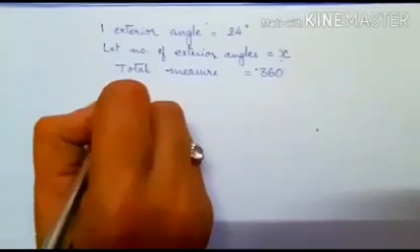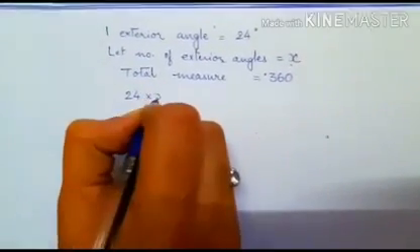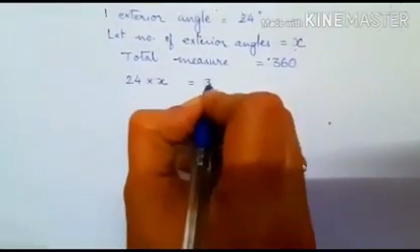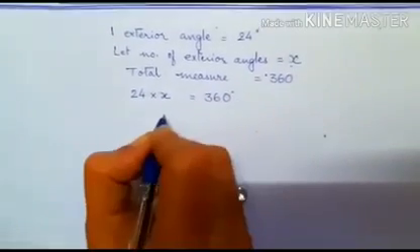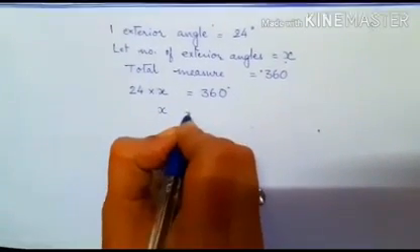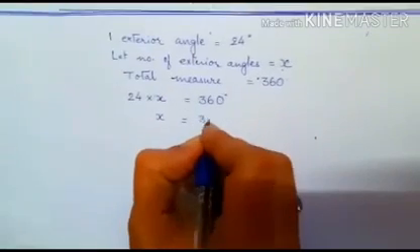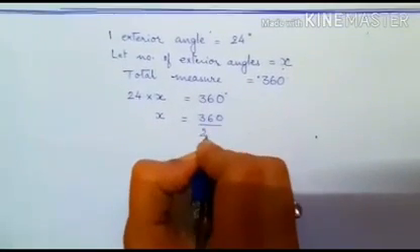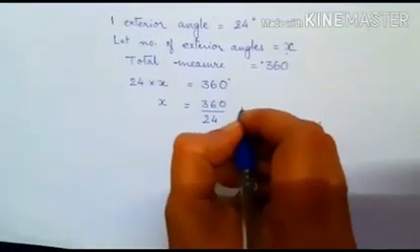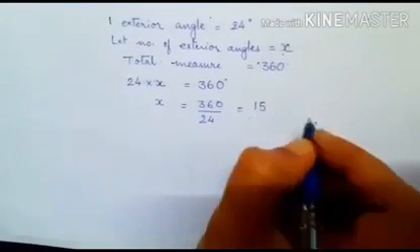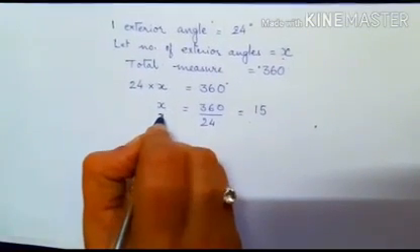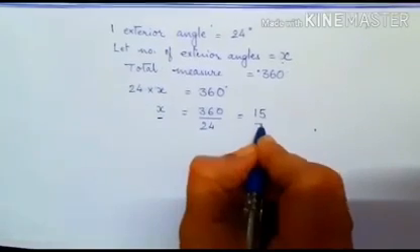So we can write 24 multiplied by x equals 360 degrees. From here we can find x. x is 360 divided by 24, which gives us 15. That means 15 sides.